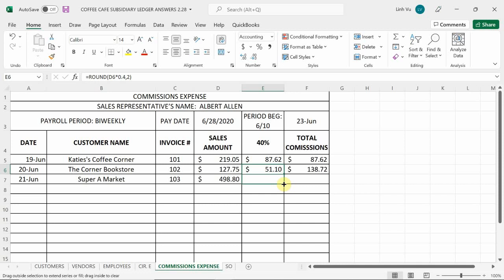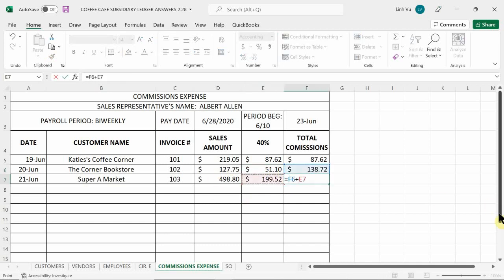We got $199.52. So that means in grand total, as of June 21st, I owe Albert $338.24. Right? Good.